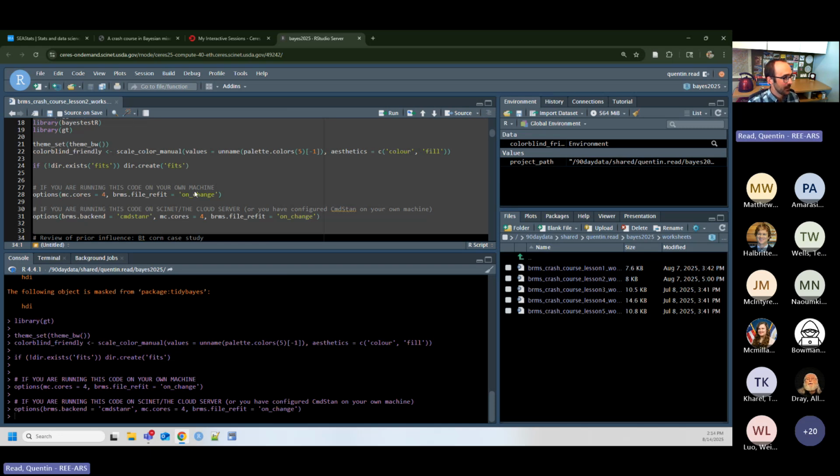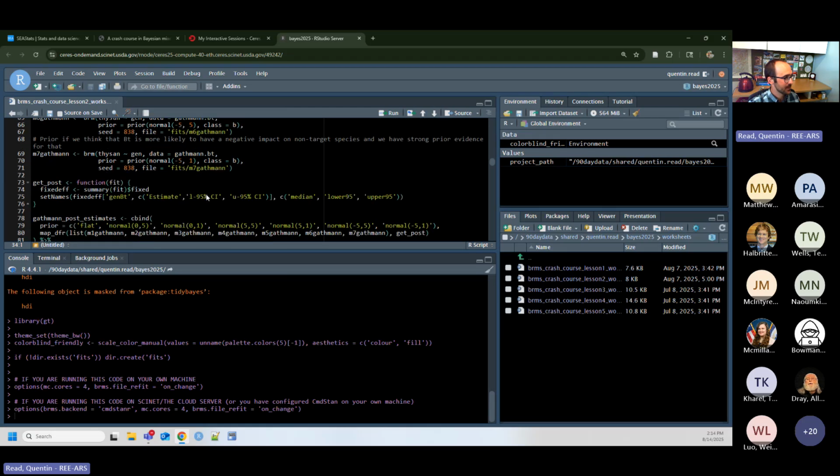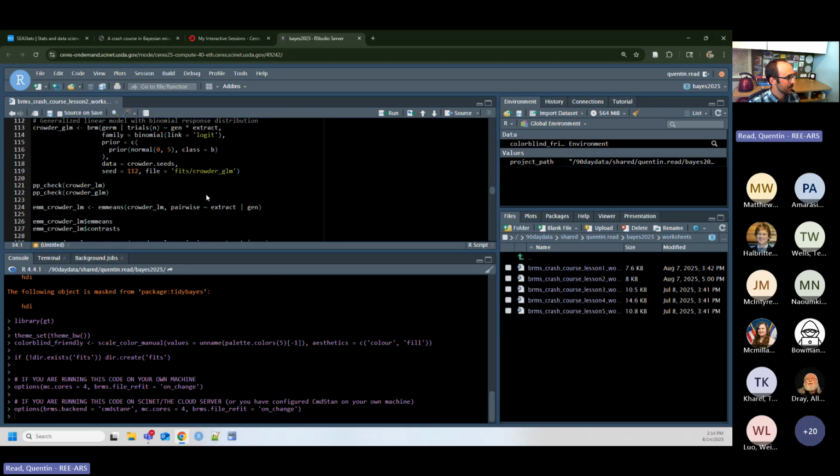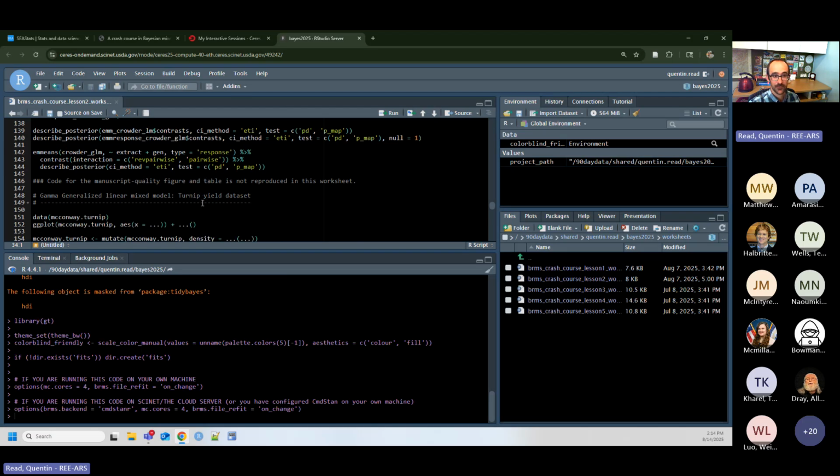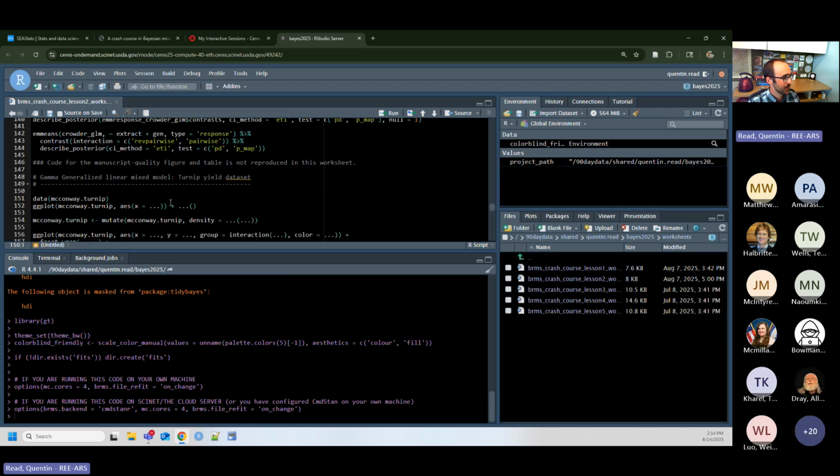And now we can skip past all the stuff we did last week. Your line numbers might be slightly different if you've entered in comments or anything, but mine is at line 148, the gamma generalized linear mixed model turnip yield data set. So that's where we're going to go.